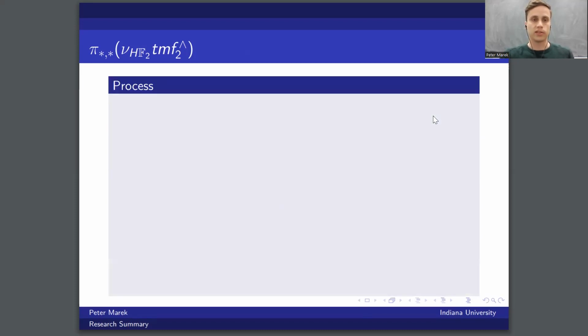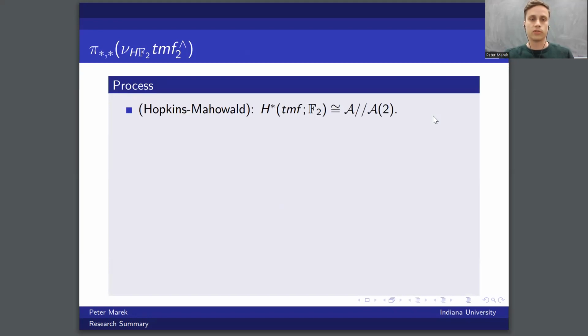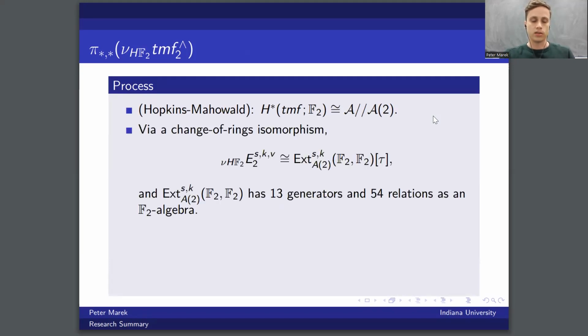So the process goes as follows. You start with the cohomology of tmf, which was calculated by Hopkins-Mahowald, written like so. And then you can describe a certain synthetic spectral sequence with E2 page written like this, which is essentially the classical E2 page for tmf with a polynomial tau generator joined.